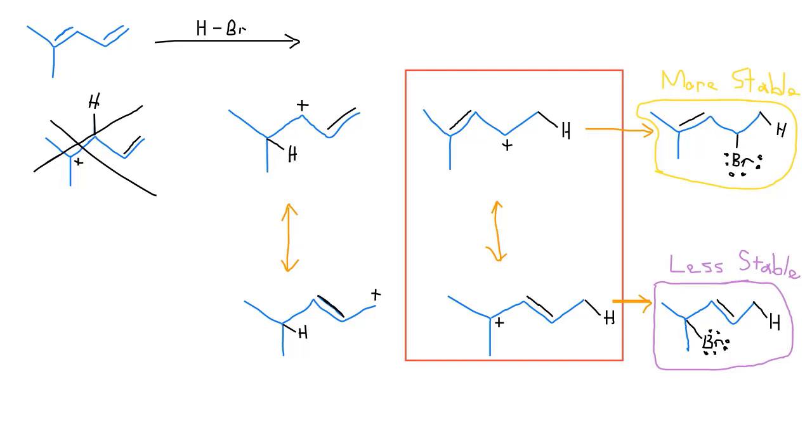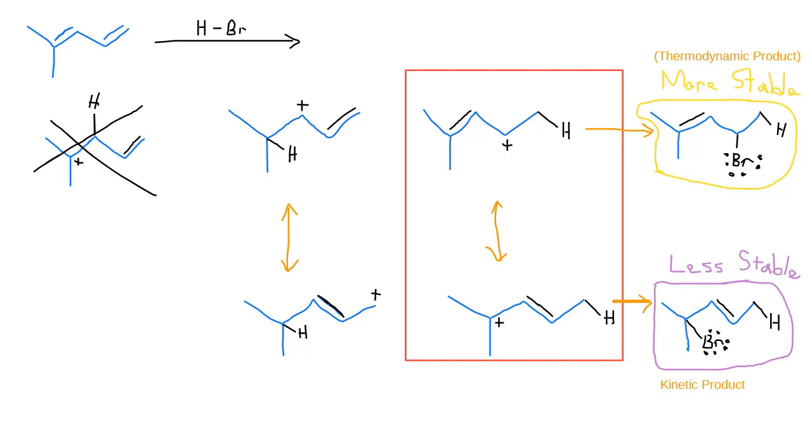Now, why would the bottom one form more quickly? Is it because of the carbocation there? Yes, look at the location of the carbocation. The carbocation is tertiary, right? So the bottom one has a lower activation energy because the positive charge is on the tertiary position.